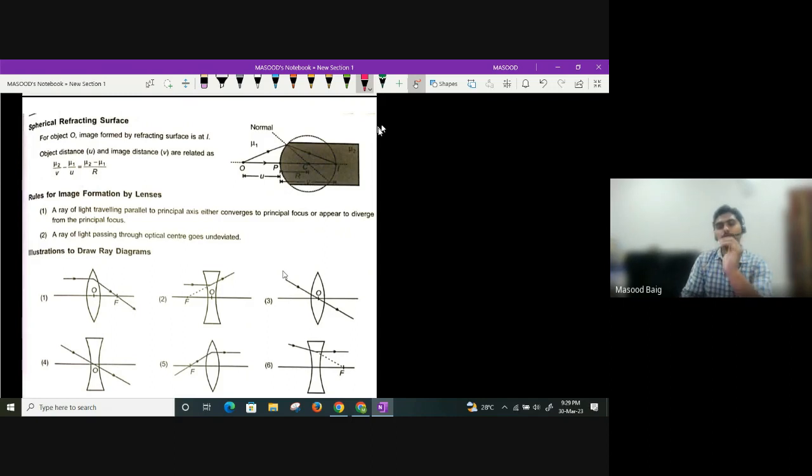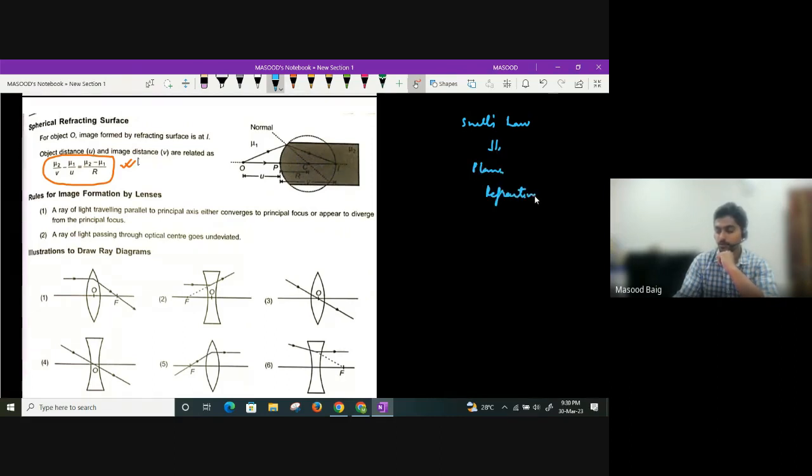So whenever a curved part is separating two transparent media, what am I going to apply? We are going to apply a certain formula: mu2 by V minus mu1 by U is equal to (mu2 minus mu1) by R. If you have plane refracting surfaces, directly you'll apply Snell's law. Yes or no? For which surfaces? For plane refracting surfaces. What is a refracting surface?